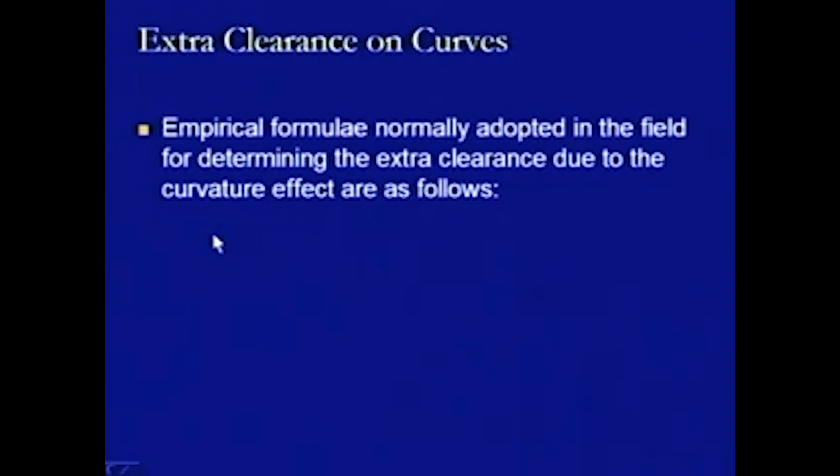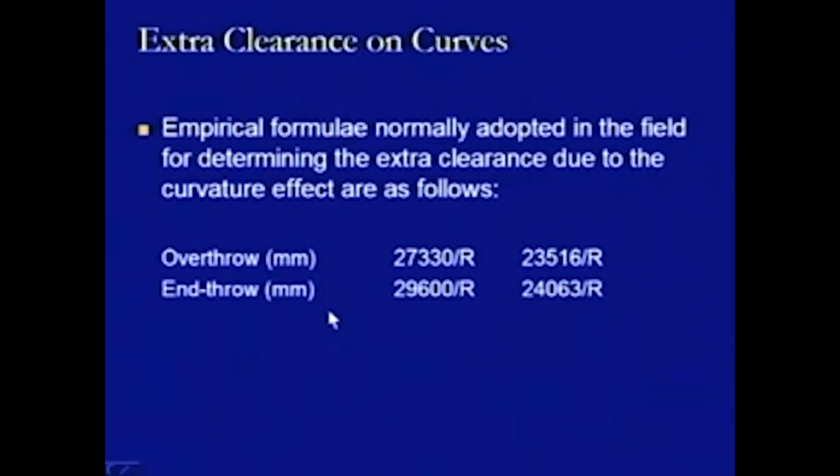So, the empirical formula normally adopted in the field for determining the extra clearance due to the curvature effect is as follows. For overthrow in mm, the formula directly has only one variable, the radius, and if we know the radius, we can compute the value. Overthrow is 27330 divided by R for broad gauge, or 23516 divided by R for meter gauge, and end throw similarly is 29600 divided by R and 24063 divided by R respectively.